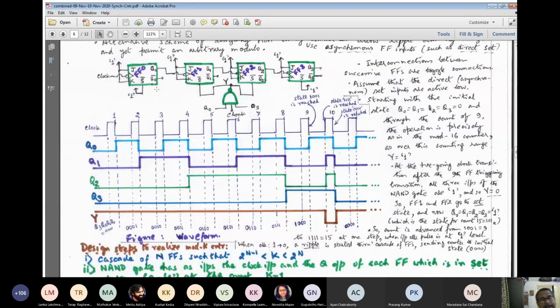And still after that, FF1 will have its transition. So there is no problem in FF1 and FF2 operating as per the command issued by the clock input of FF1 and FF2.